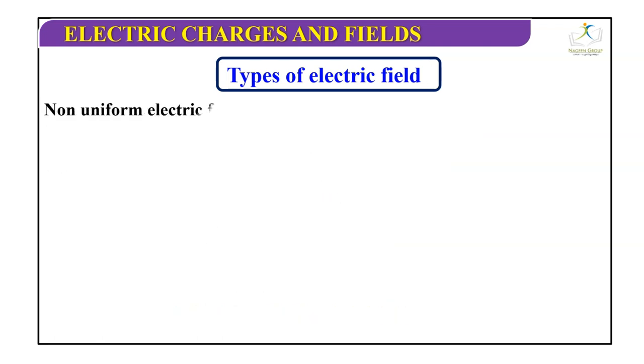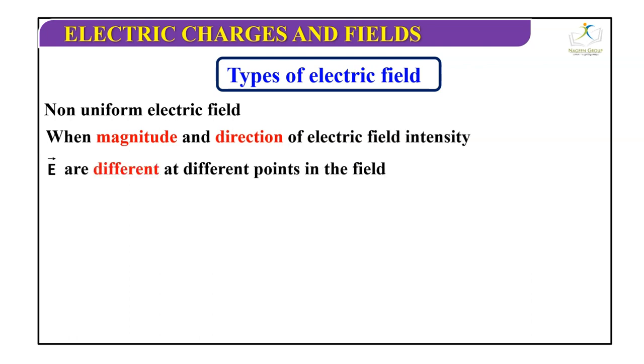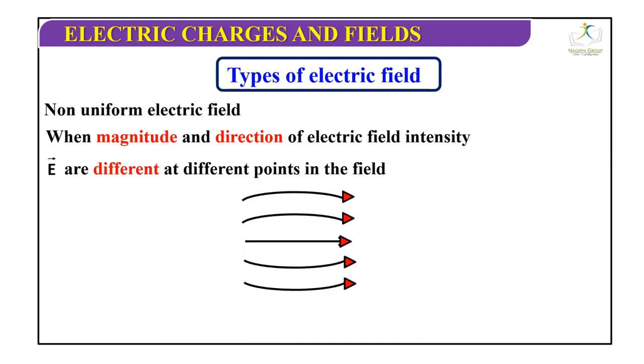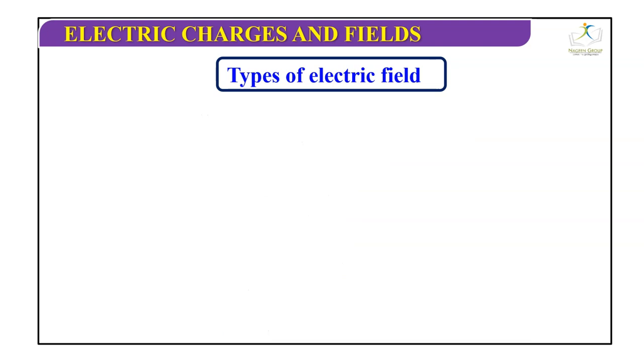Now, non-uniform electric field: when the magnitude and direction of electric field intensity are different at different points of a field. As we can see in this scenario, the electric field intensity, or the magnitude and the direction, are different in each case. So we say this will be a non-uniform electric field.